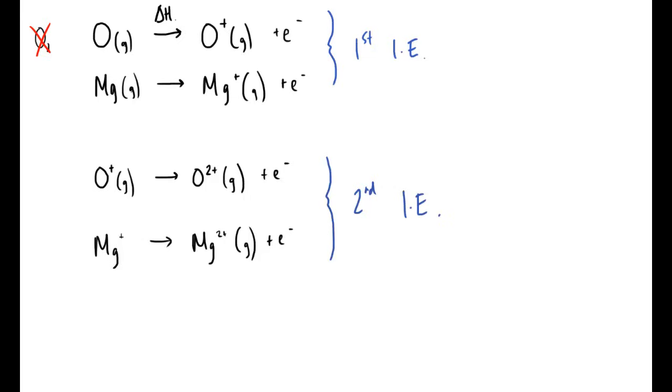So for the fourth ionization energy of chlorine, I'm going to be producing the Cl4+ ion, stick in my gaseous, stick in my electron, and therefore I must start with the 3+. So if you ever get confused with that, you don't have to worry about counting up. This number, second or fourth or first, is going to equate to the charge of the ion produced. That's the key thing, the charge of the ion produced. Just bear that in mind.